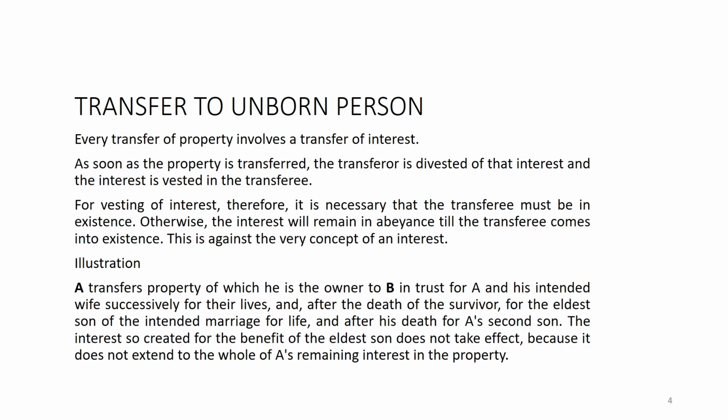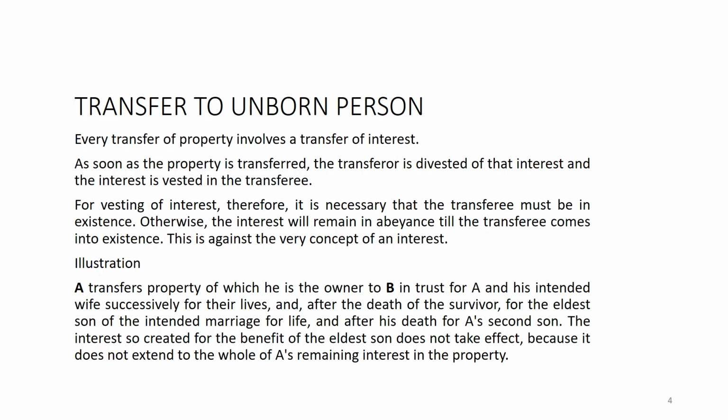That means A is transferring the property to B in trust, and it is important that it is in trust for A and his intended wife successively for their life. That wife is going to continue for life after the death of the survivor, then for the eldest son of the intended marriage for life, and after his death, the second son.